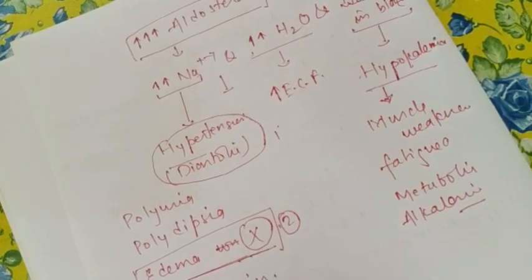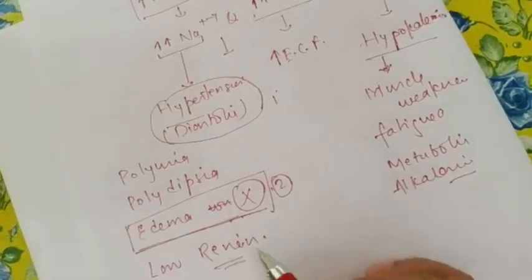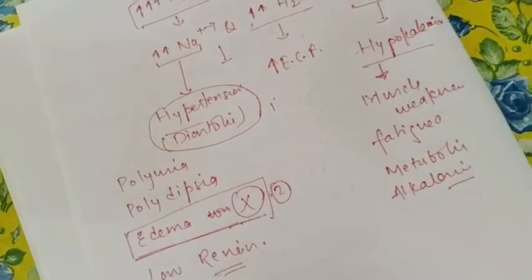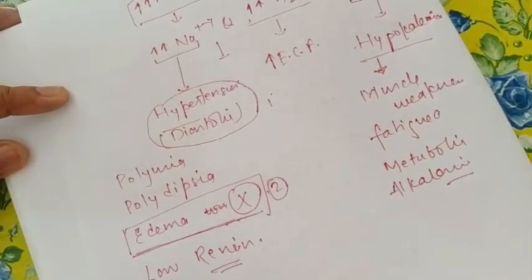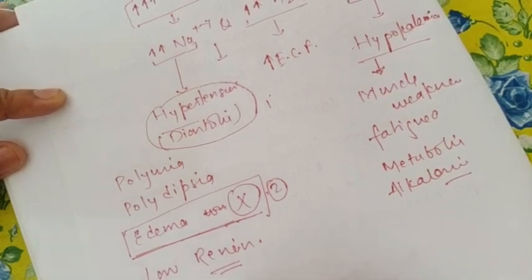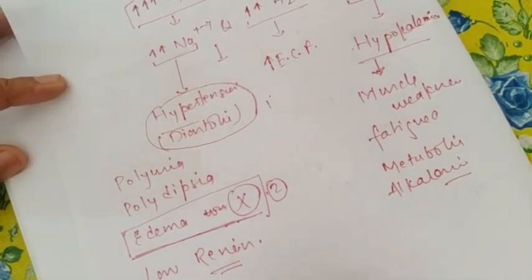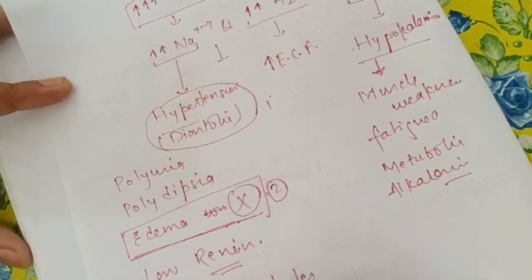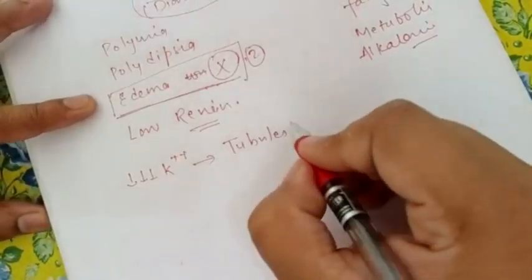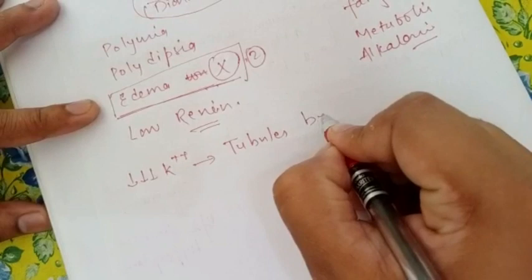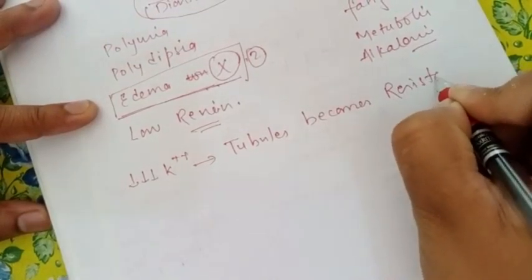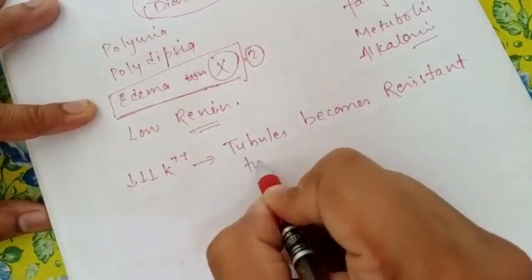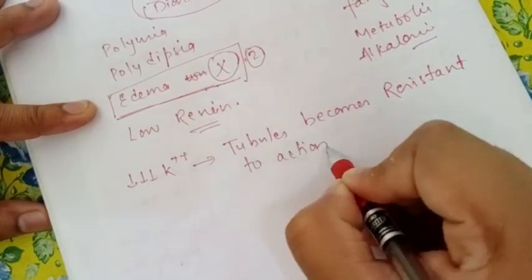Now, see why there is no edema. Whenever there is low potassium in your body, the tubules in the kidney become resistant to the action of ADH.